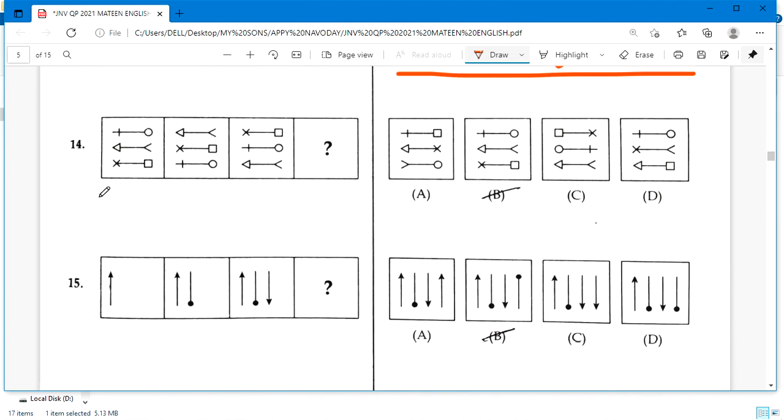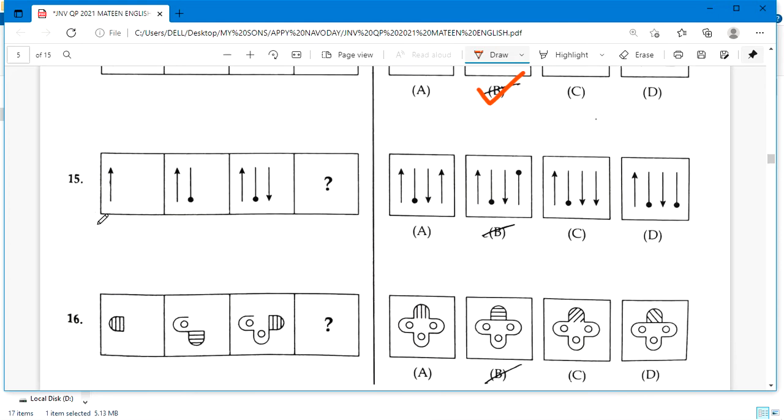For the 14th question, we just have to observe which one is completing this series. It is nothing but option B. So how should we find this one? It is quite easy. Among the three shapes, we should follow any one shape, then we will get the answer.